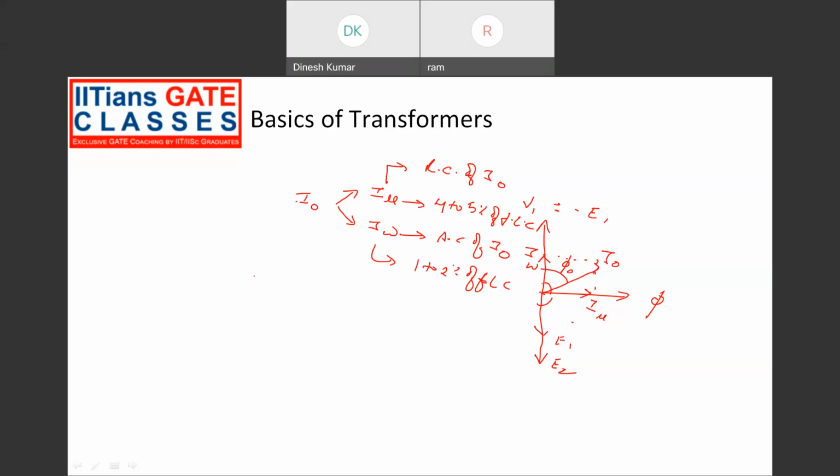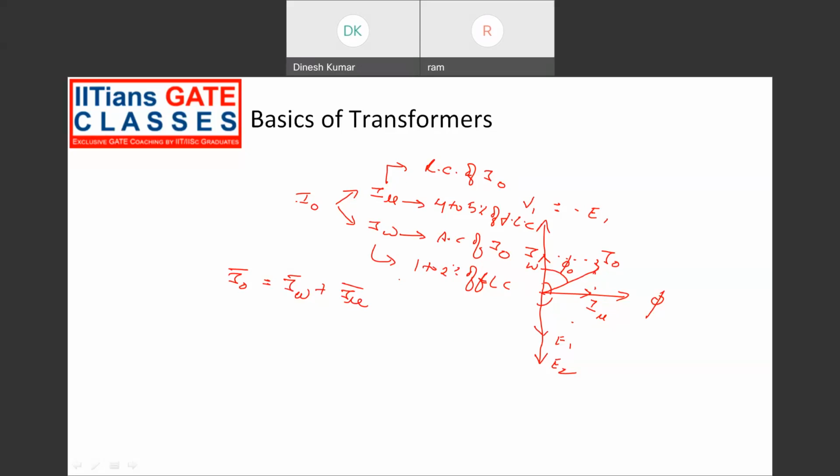So in a transformer, I naught is the vector sum of IW bar plus I mu bar.